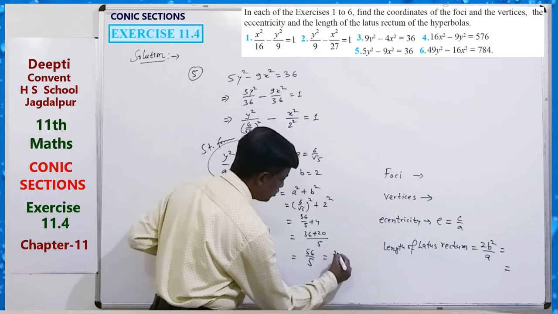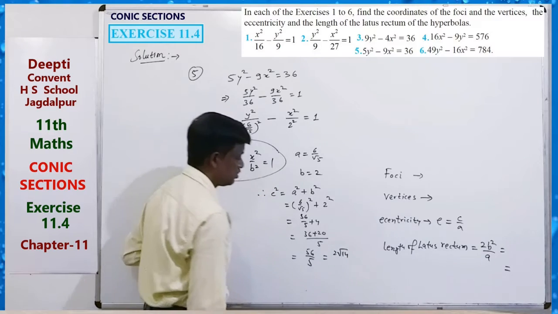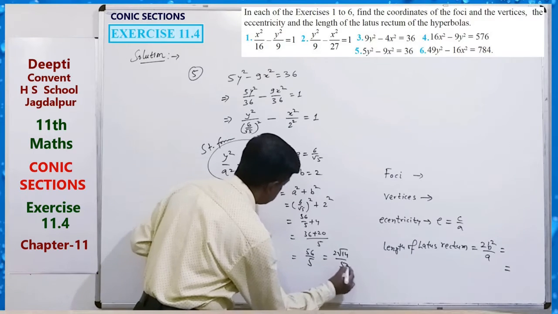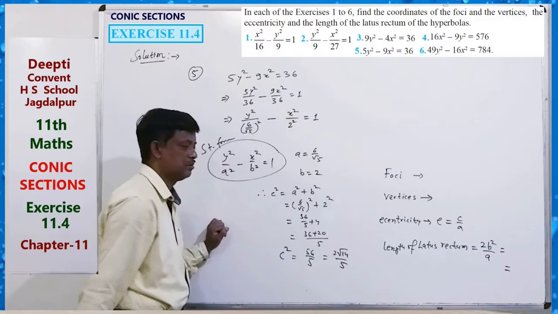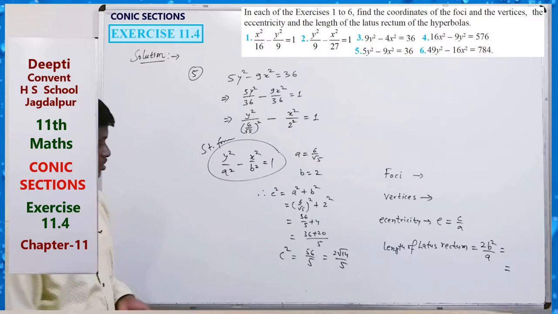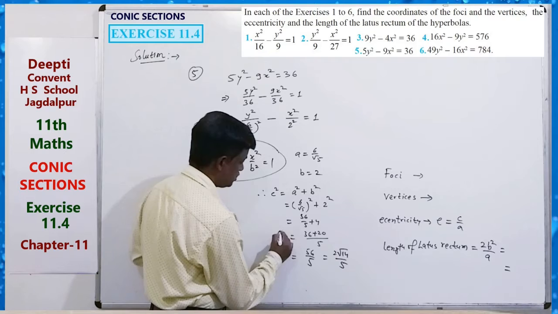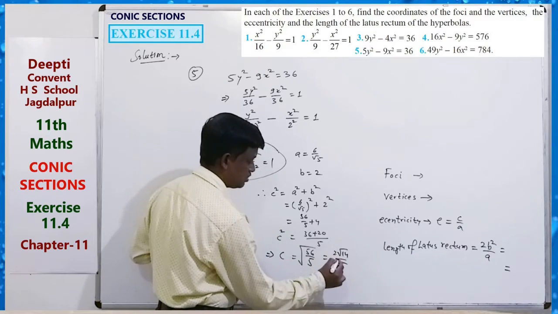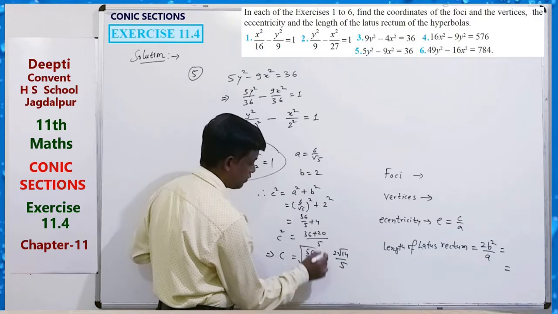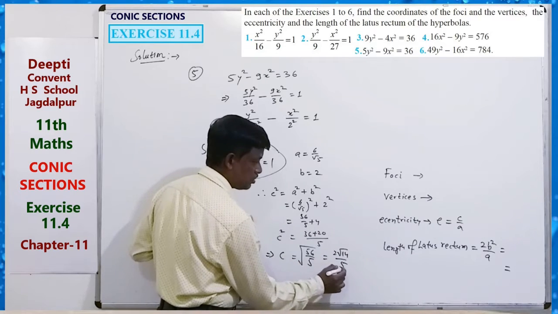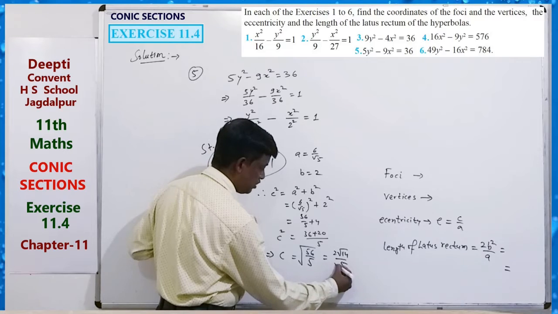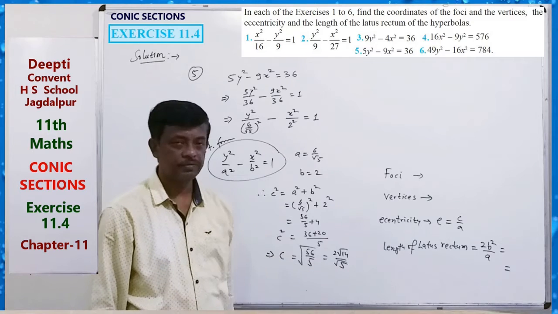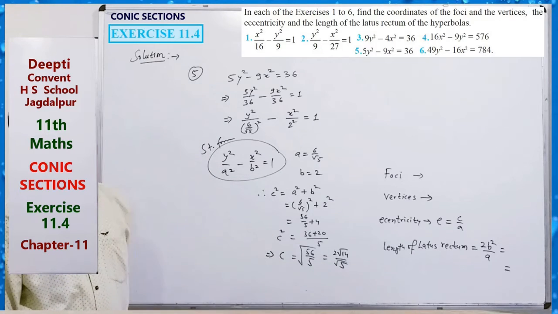This is the value of c square, and c equals the root of this. So c equals 2 root 14 upon root 5. This is the value of c.